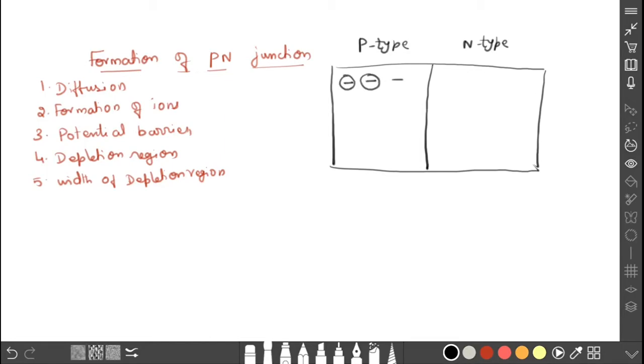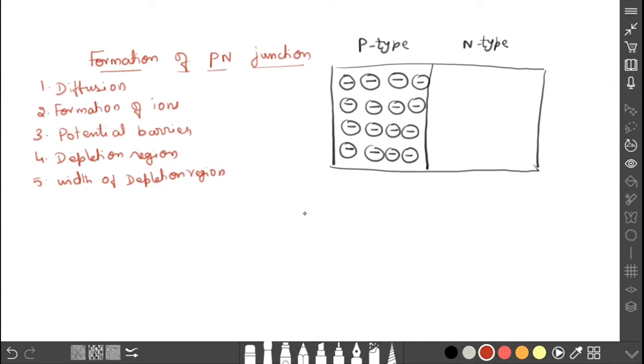Acceptor atoms, and in p-type holes are the majority charge carriers. Holes will be represented by the plus sign.